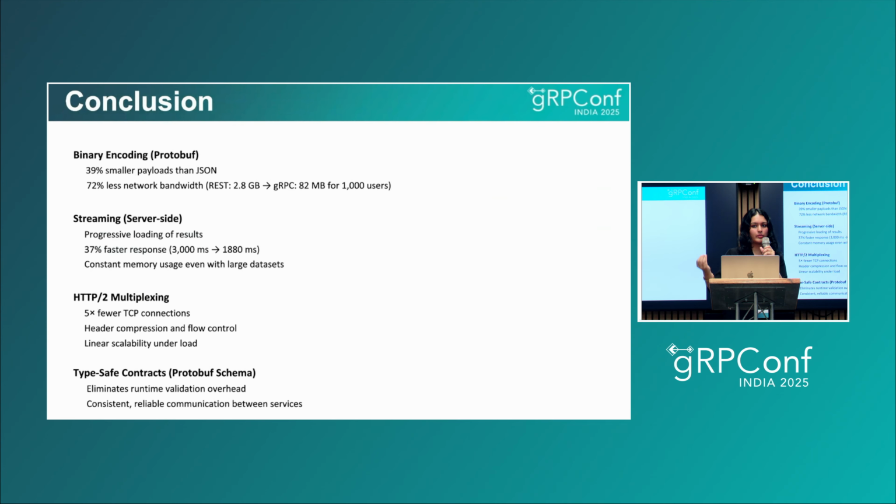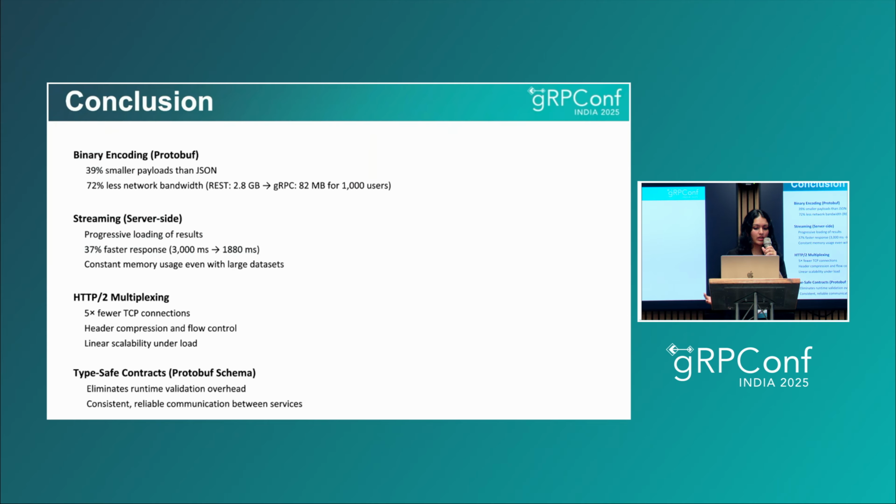These challenges were being outshined by the functionality of gRPC, because the binary encoding enabled 39% smaller payloads than JSON and 72% less network bandwidth, with REST giving up to 2.8 GB, and with gRPC we reduced it to 82 MB for 1000 users.